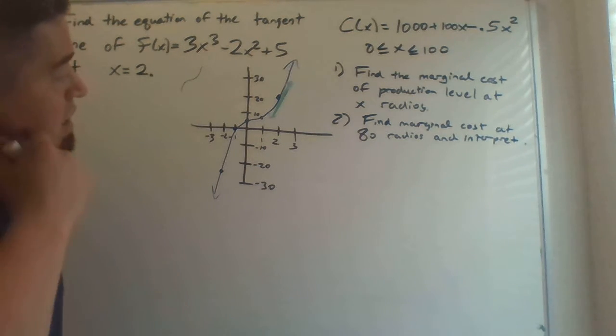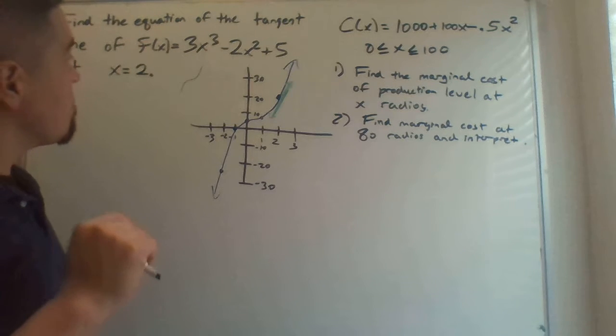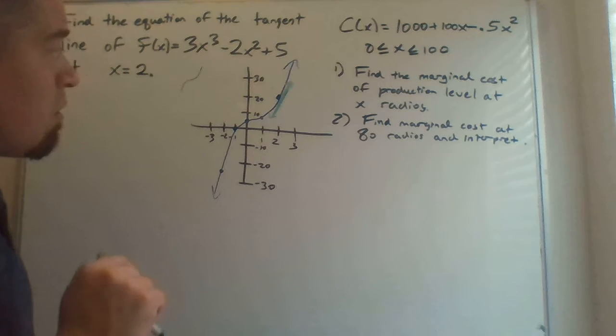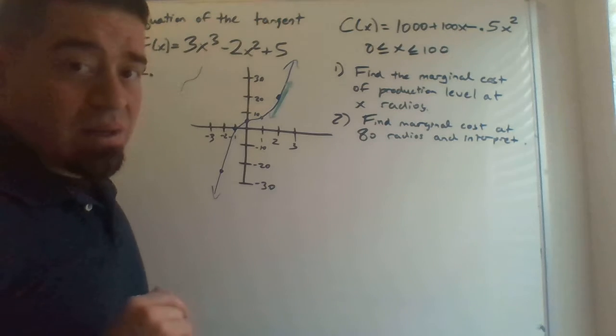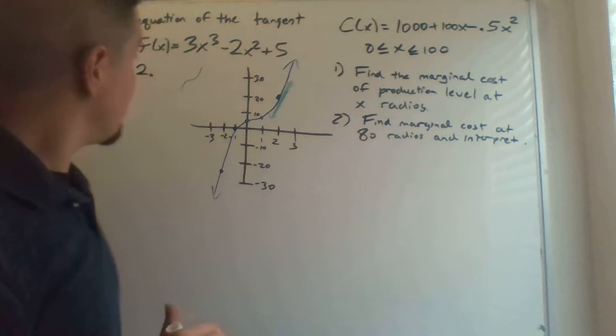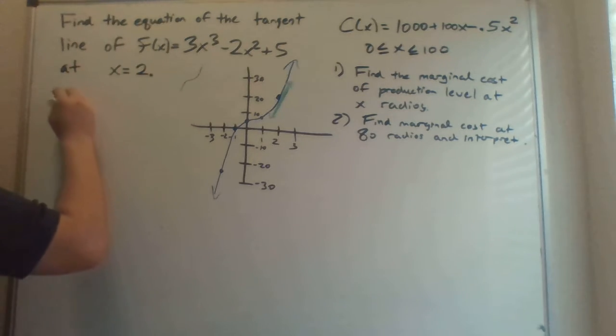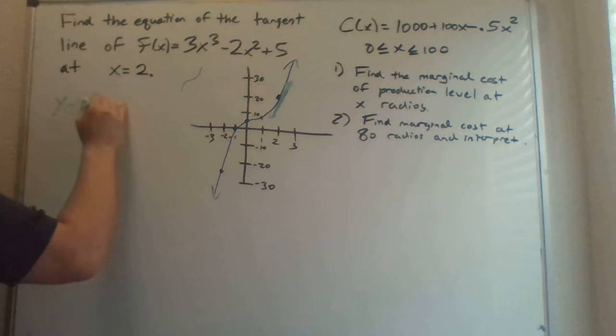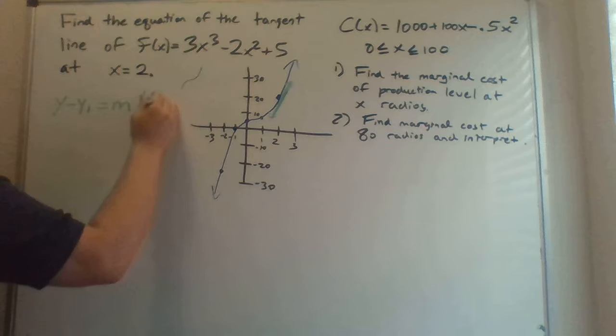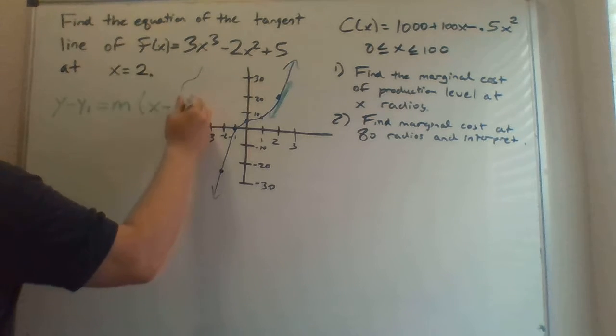So we have to think about how we're going to find this and what we need. Well, if you think back to algebra, you have a formula, y minus y1 equals m times x minus x1.